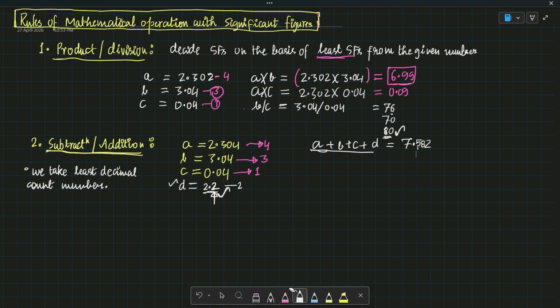Right now I'm not concerned about rounding it off because that is another thing to learn. Right now we are just dropping the rest of the number, but after learning the rounding technique, you'll have to take care of that also.